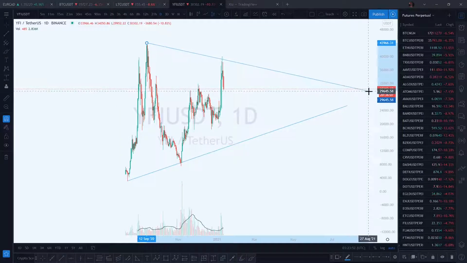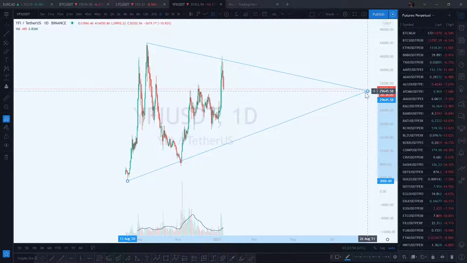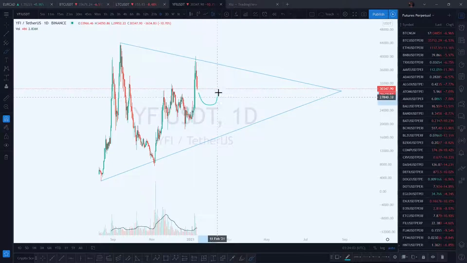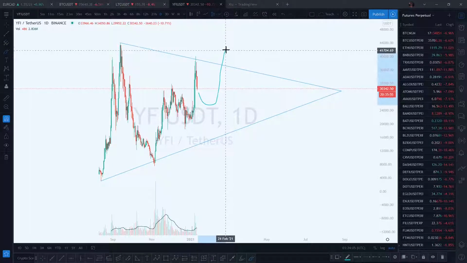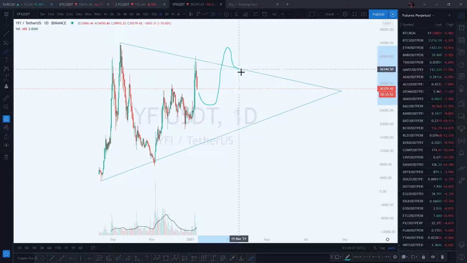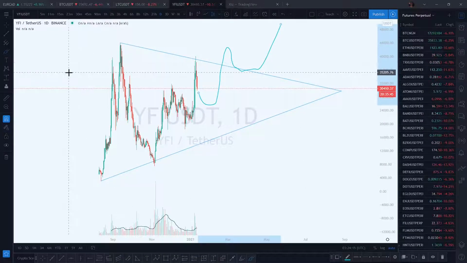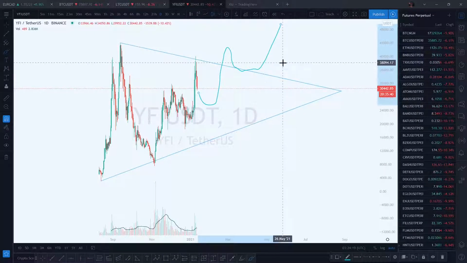I can see I've done it the same way like this, and it's still giving me the same triangle. So what I will expect is if price comes from any low point, breaks up, I want it to correct back to it, and then take off. So this is still the same symmetrical triangle or pennant, a bigger one. So this will be my expectation.